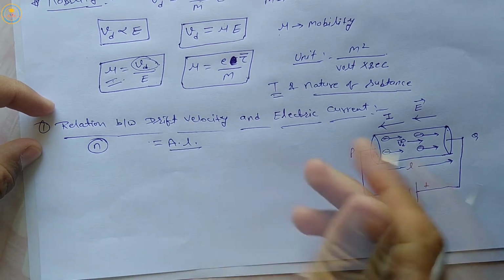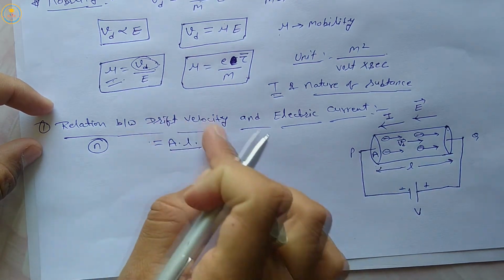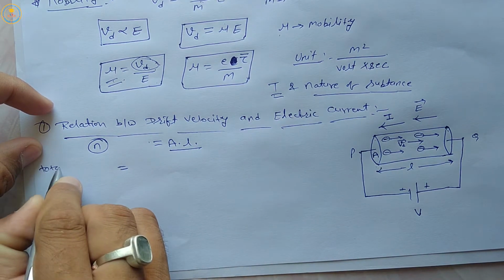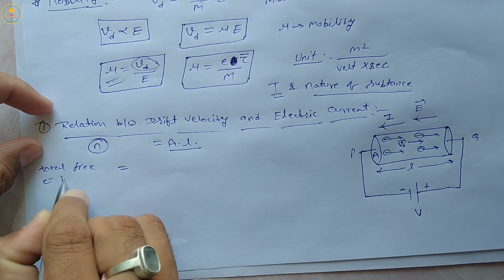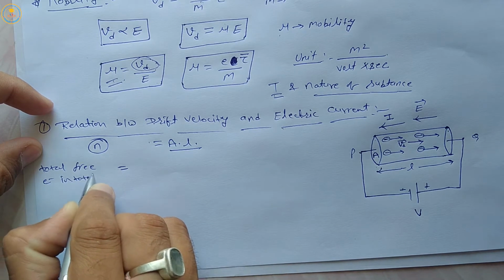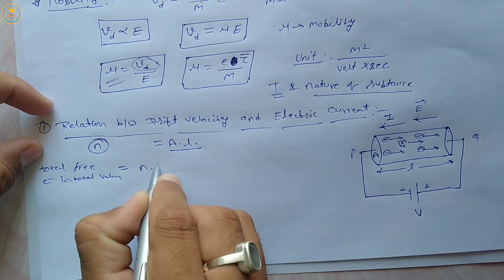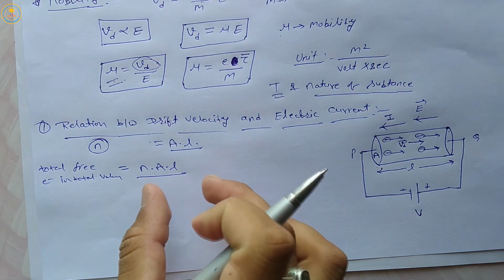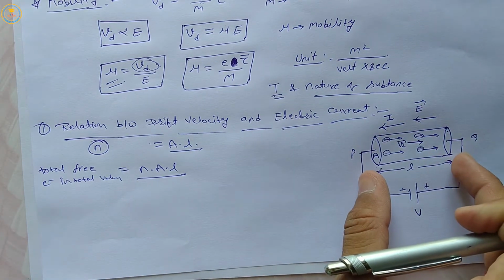This is the total volume of this conductor. Then the total free electrons in the entire volume is equal to n into A into L. This is the total number of free electrons in the entire volume of the conductor.